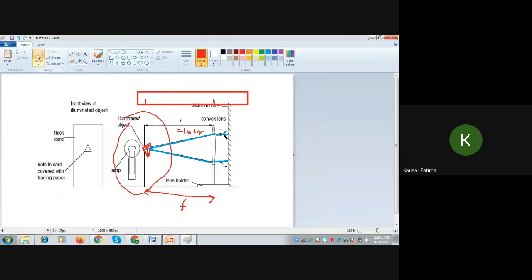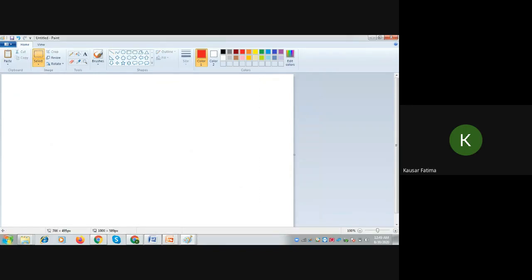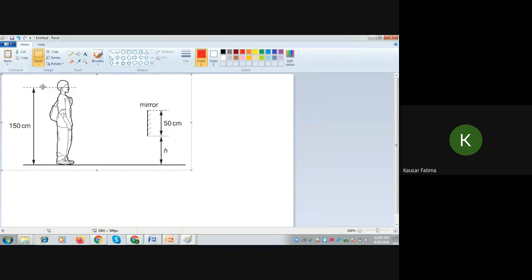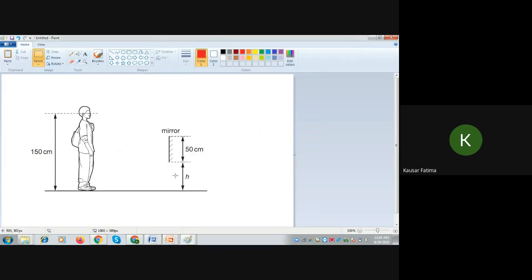Let me put this on the paint. Okay, this h is not drawn to scale, for these two lengths cannot be equal, so I will just move it a little. How will the rays go from the upper part of the person, obeying the laws of reflection?